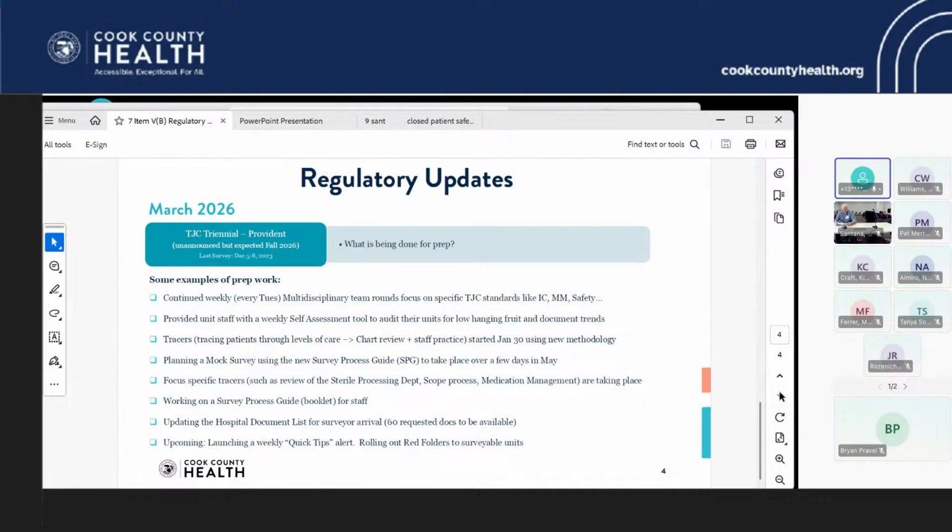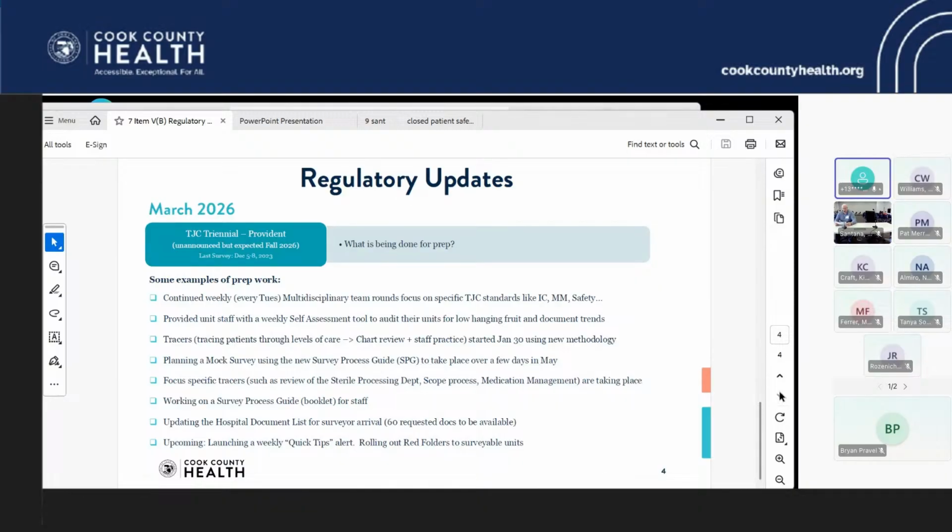Kind of a checklist. We are running tracers, tracing patients through levels of care, looking at both chart review and staff practice, as far as questions being asked and how to properly answer questions. We're doing a deeper dive with more focus on pain management, suicide ideation, and a number of other areas.